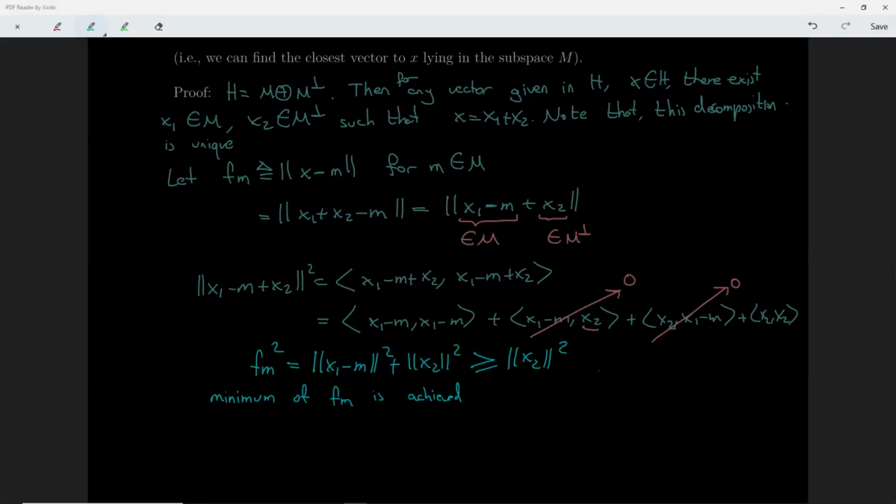But the first one we are changing by changing m, and the minimum value of the norm is 0. The norm function gets the value 0 if the vector inside the norm is equal to 0. Okay, so the minimum of Fm is achieved by selecting m to be x1. Okay.